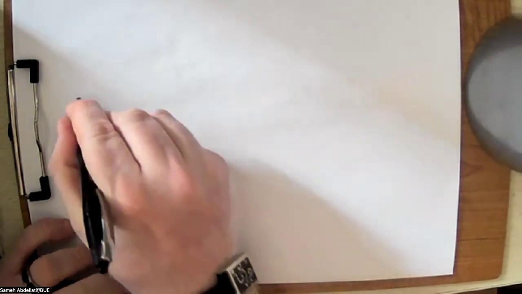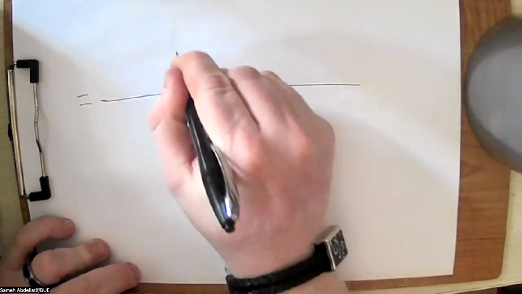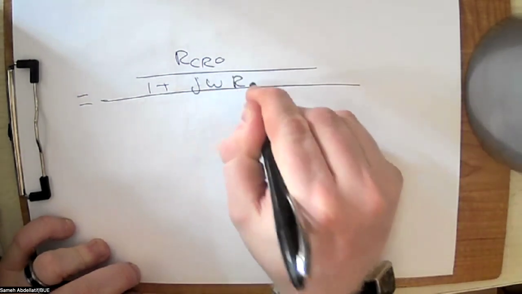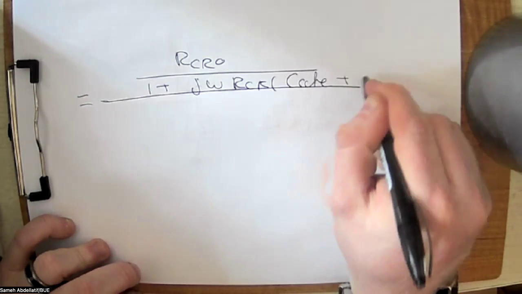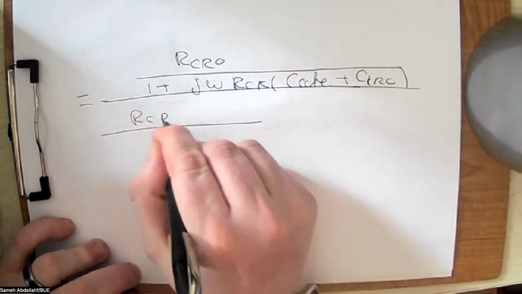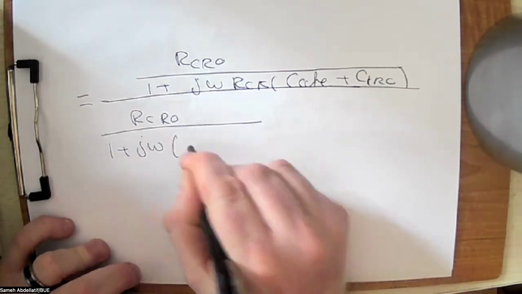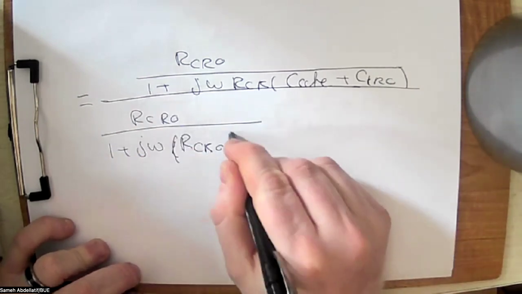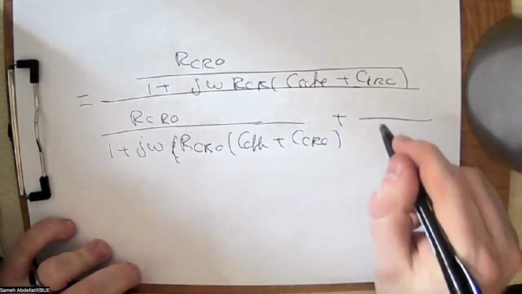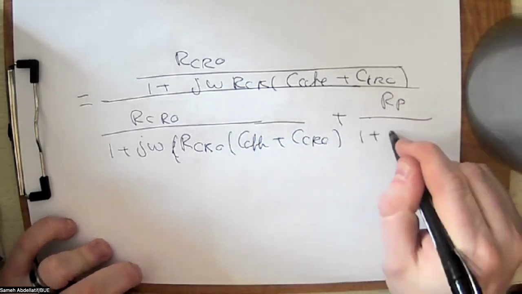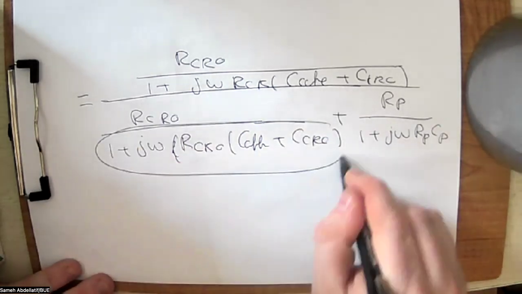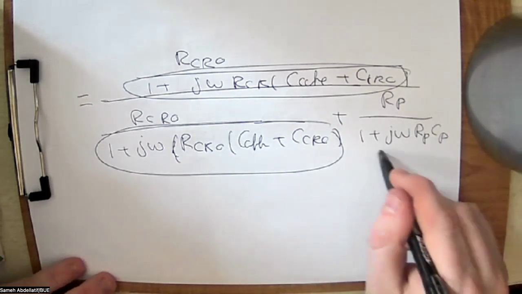Let me write the equation. So we have here R_CRO over 1 plus j omega R_CRO (C_cable plus C_CRO), over the same term, plus R_P, which is the probe, over 1 plus j omega R_P C_P. These terms are similar; this term is equal to this term.